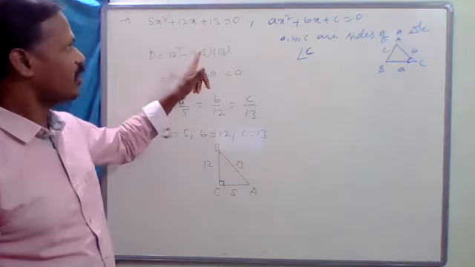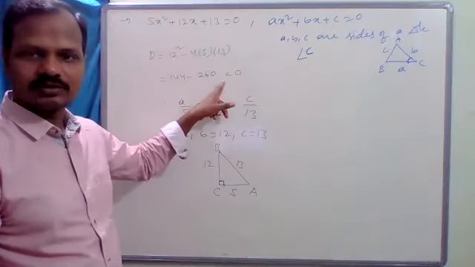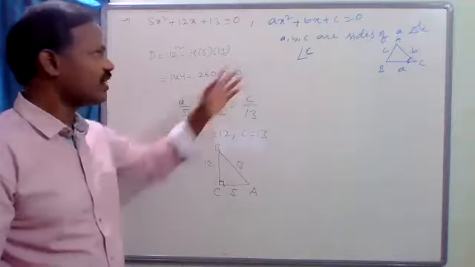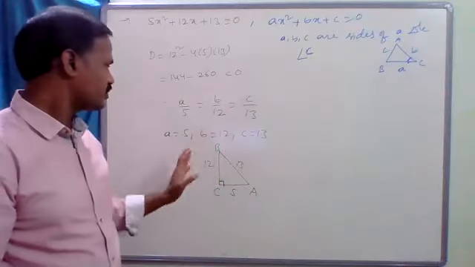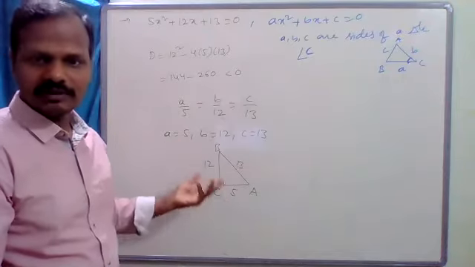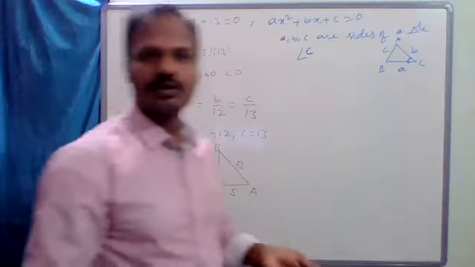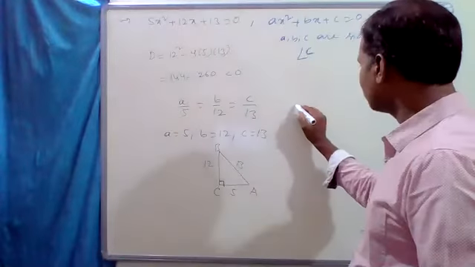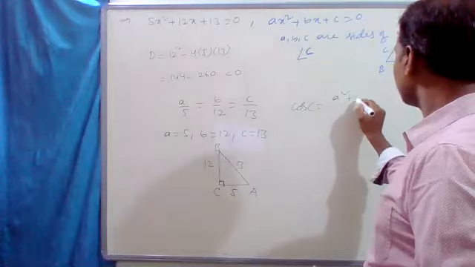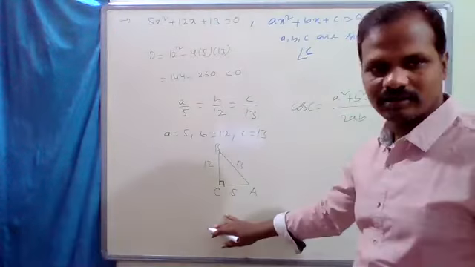The first point is the nature of the roots, imaginary roots. So both are common. Then it is very easy to find the coefficients of the other equation. Once you know the a, b, c values, you can find the angle. Suppose it does not form a right angle triangle, then what do you have to see?